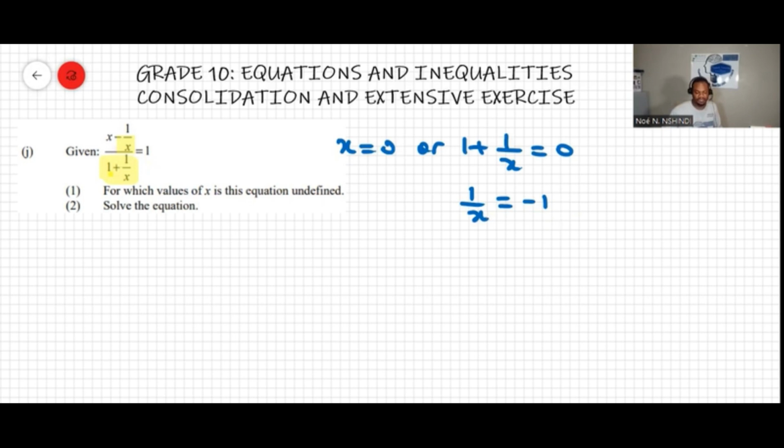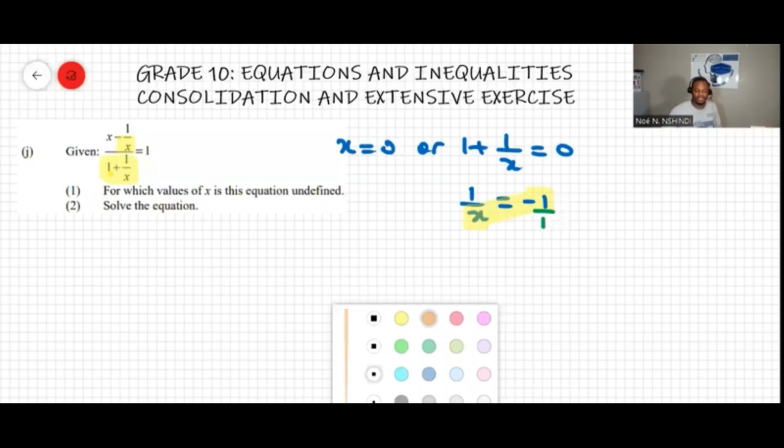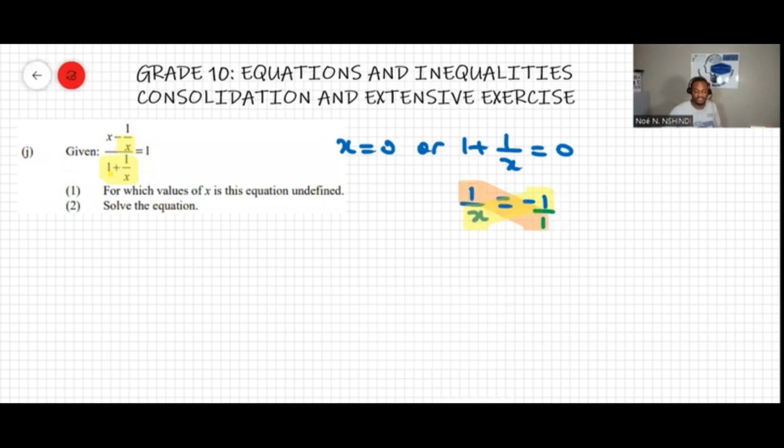I think it's easier that way. Yes, we will do x times -1, and then we also do 1 times 1. So x times -1 is -x, and 1 times 1 is 1. If I move the negatives over, that makes x equal -1. So the expression will be undefined if x is 0 or x equal to -1.